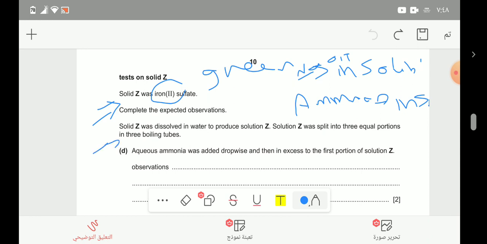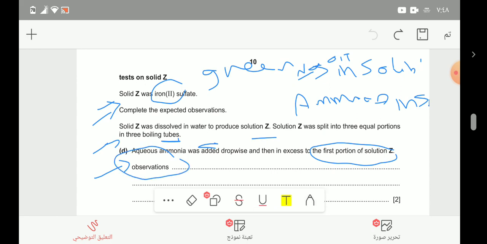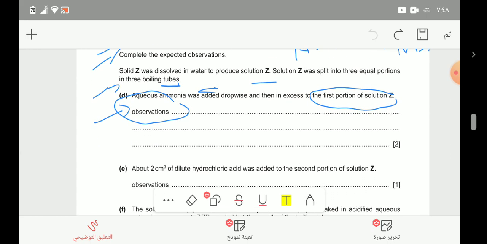Solid Z was dissolved in water to produce solution Z, which was split into 3 equal portions in 3 boiling tubes. Aqueous ammonia was added dropwise and then in excess to the first portion. We said that excess ammonia gives a green precipitate. You have to be aware of the term observation.